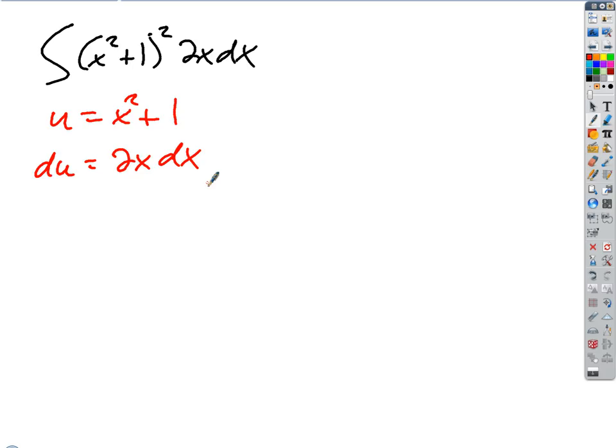Okay? So are we able to make what we call a complete substitution here? Yeah. Okay, so this works, doesn't it? So we're able to trade this for the integral of u squared du, which is what? X squared plus 1 squared.